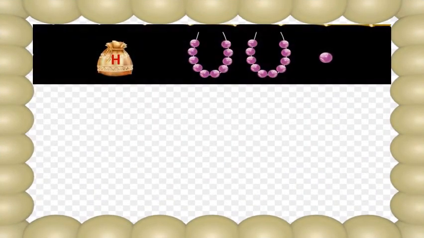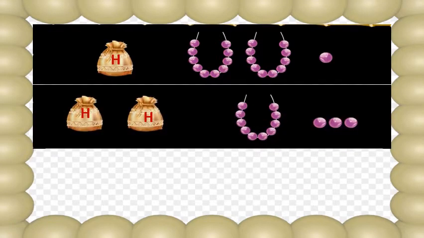Yes, dear children, please look at the picture. Here one purse is there that has 100 beads and 2 tens, that is 10 beads are there and 1 unit, that is 1 single bead is there. Okay, now in the second one 200 beads purses and 1 ten and 3 units means 3 single beads.